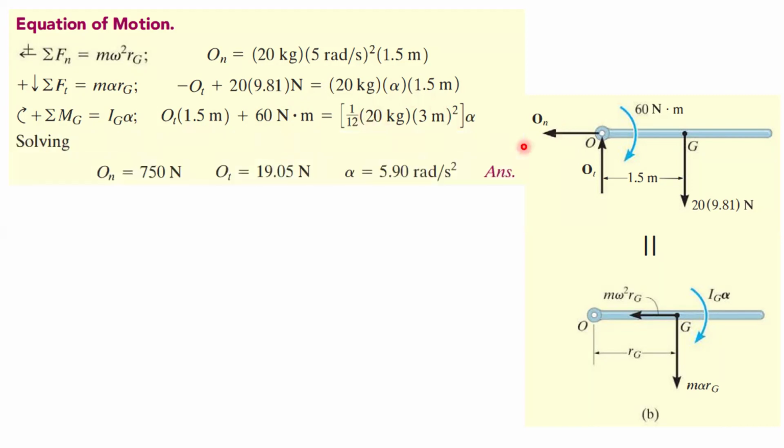So when we solve these equations simultaneously, we discover that the normal force at point O is 750 newtons. The tangential is 19.05. Then the angular acceleration is 5.90. So thank you. That's the end of part C and end of lecture 7.